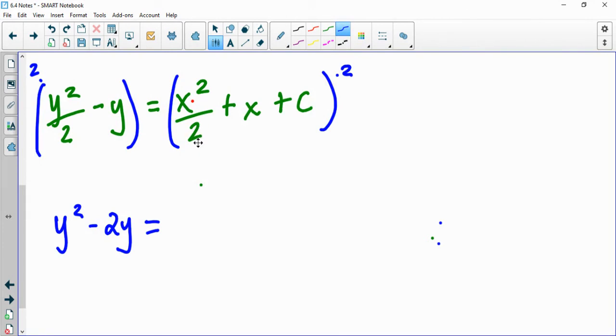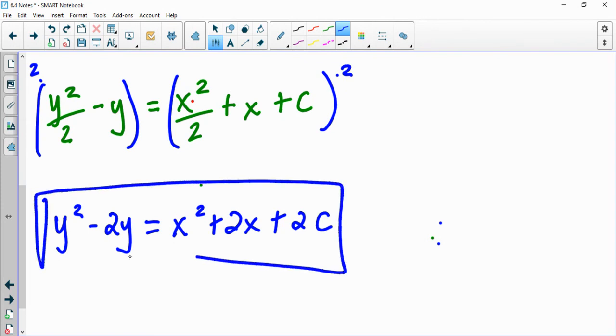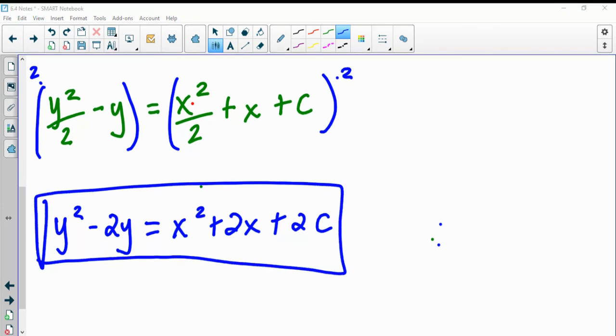So then over here, this will be x squared plus 2x plus 2c, and that's honestly as good as it's going to get. I mean, you could factor out a y and then try to divide, but then you're going to get a y on this side. This is as good as it's going to get. So honestly, I would just stop right here. You know, that's what I would do.